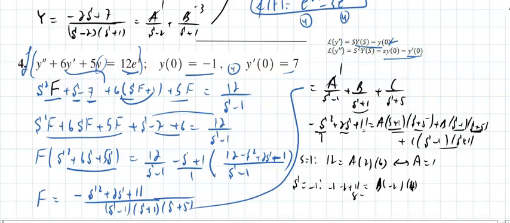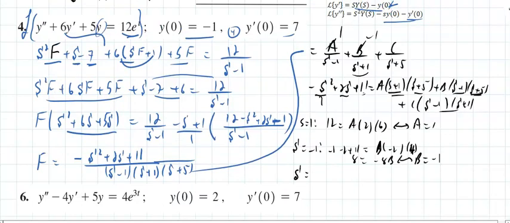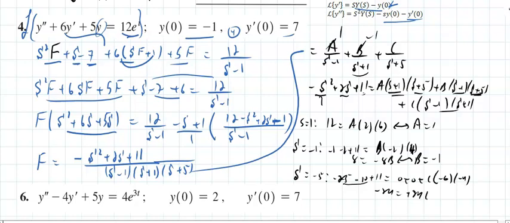You get 8 equal negative 8b, so b is negative 1. And similarly, you let s equal negative 5, and you will get negative 25 minus 10 plus 11 equals 0 plus 0 plus c times negative 6 times negative 4. So this is negative 24 equal 24c. So c is negative 1 as well.